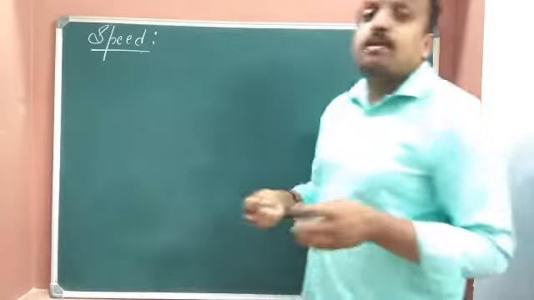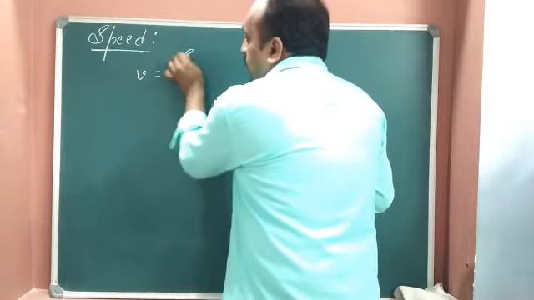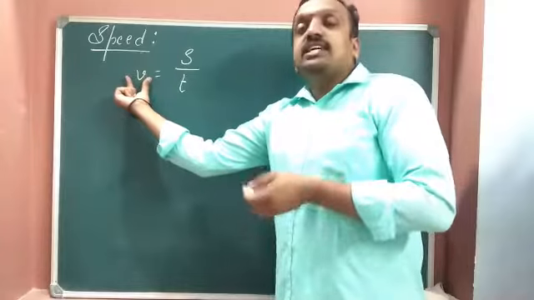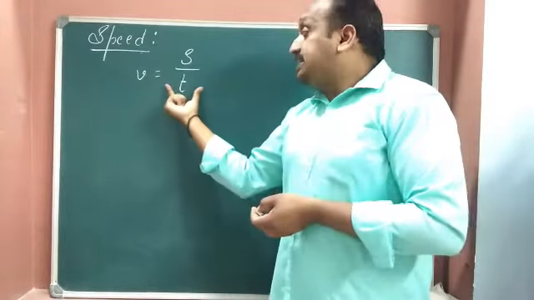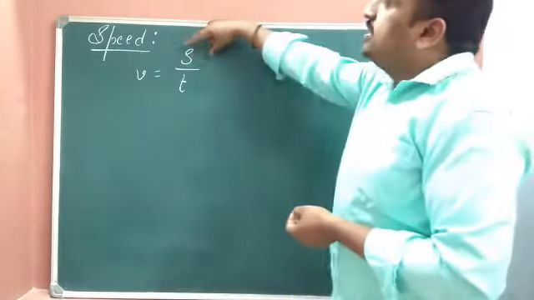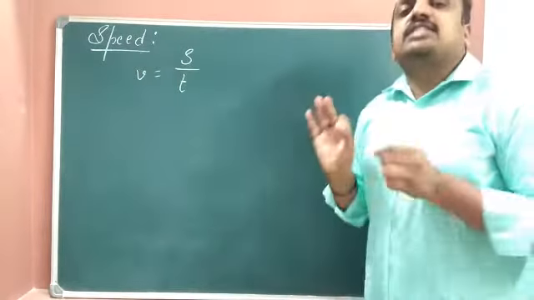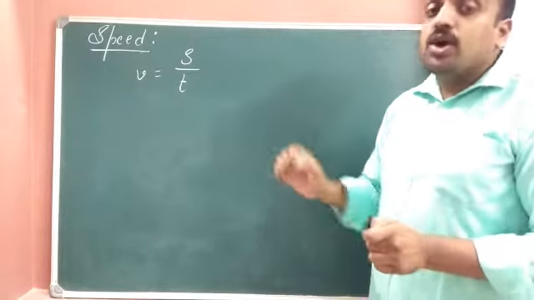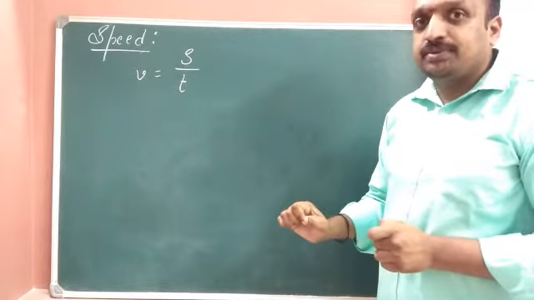We can represent it like this: V is equal to S divided by T. V represents the speed, S represents the distance traveled, and T represents the time. So speed is equal to distance traveled divided by time, and it is a scalar quantity because direction is not required, we only find its magnitude.